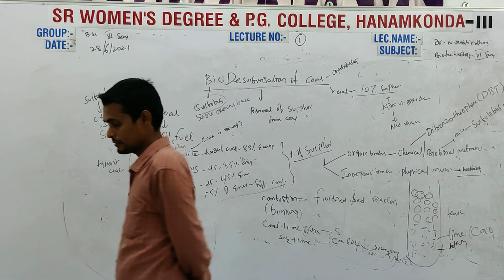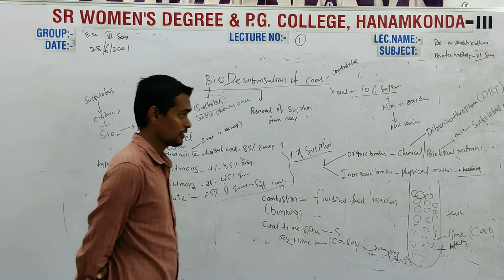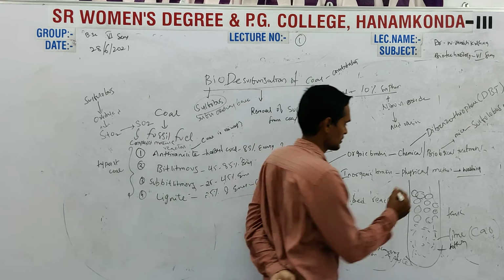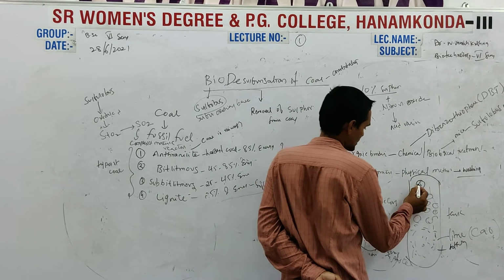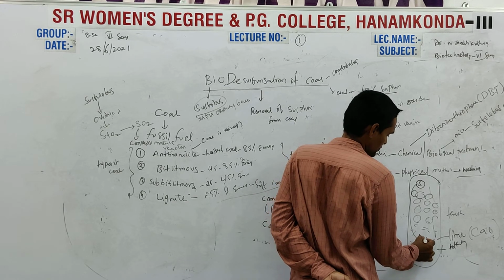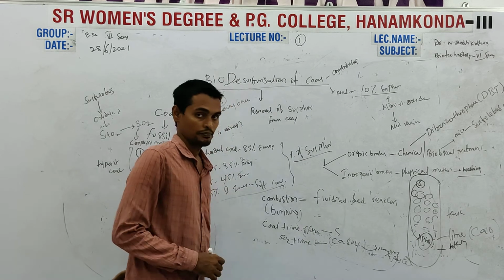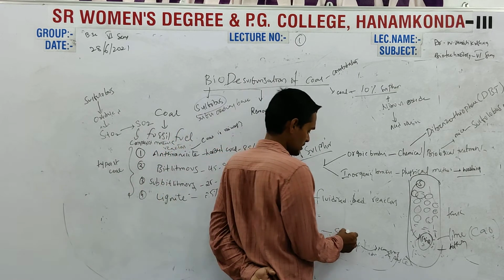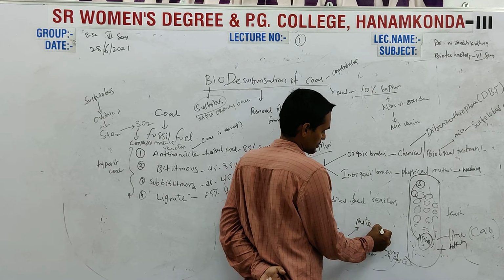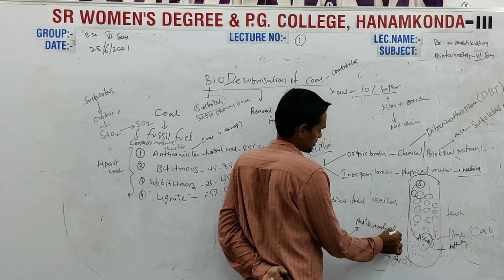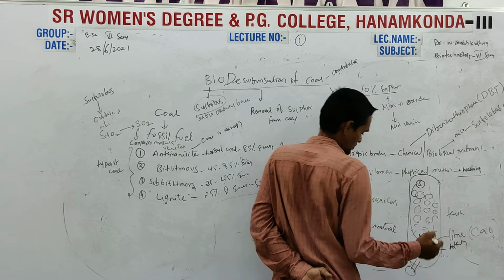Whenever we burn the coal, the sulfur oxide released in the tank will react with lime to form calcium sulfate, a paste-like material, which can be removed from the bottom of the tank.